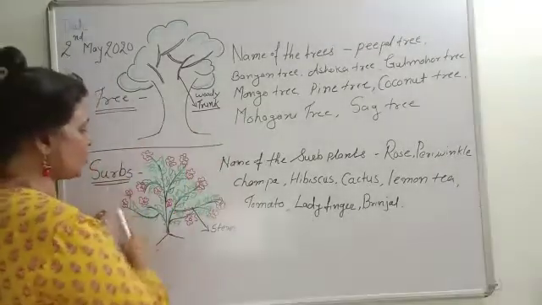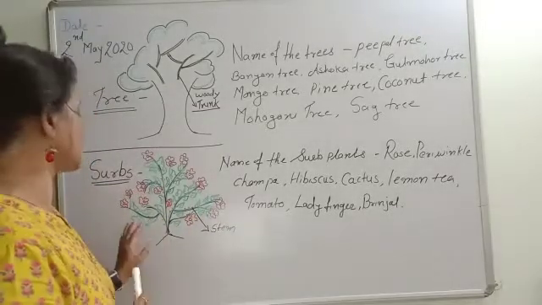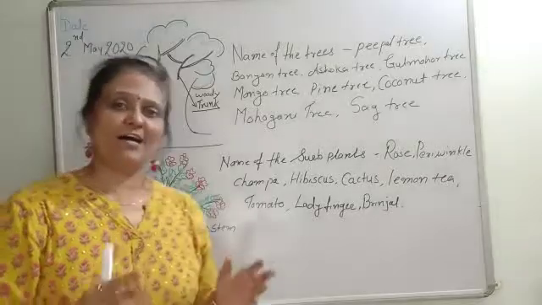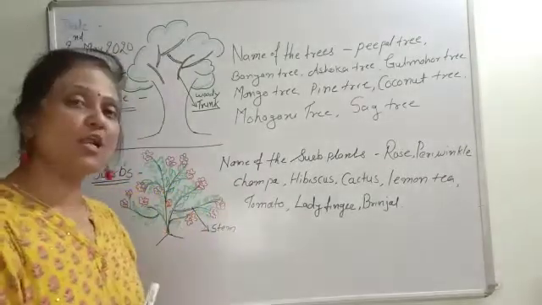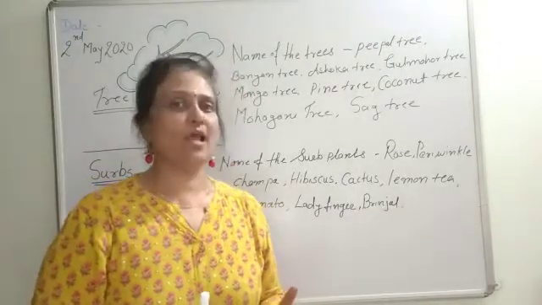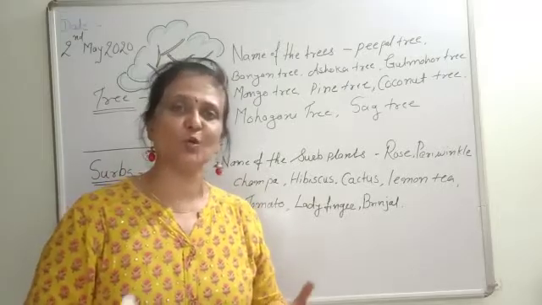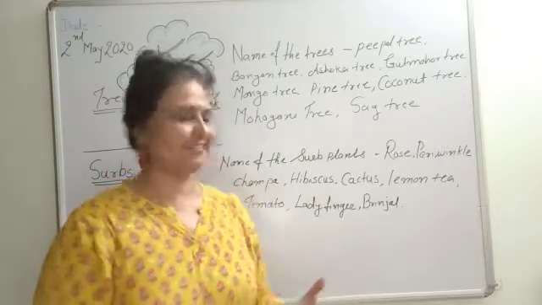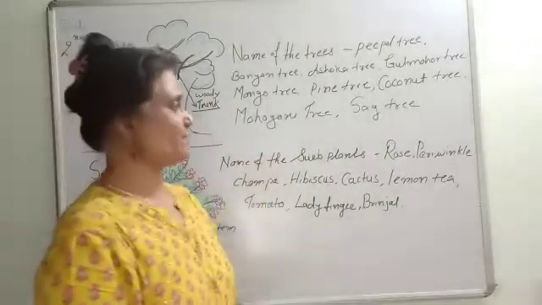So these are small trees. Most shrubs are flower plants. They are also called ornamental plants. All these ornamental plants grow in gardens. So we will see the names of the shrub plants.